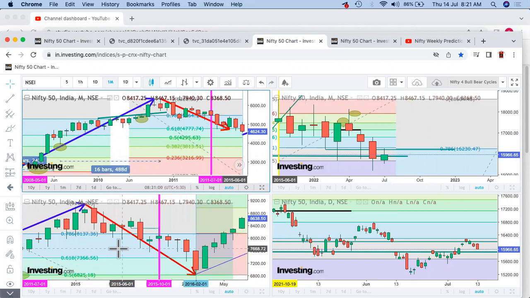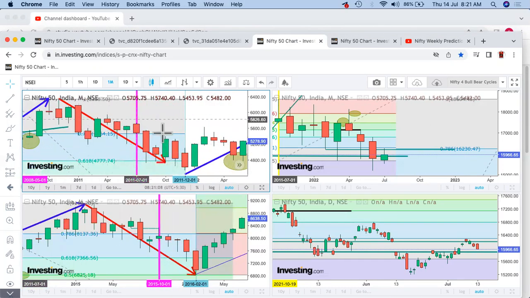So this is the 0.76 level, and this was the final monthly candle which was touching this part. So we'll try to focus on these two charts, go through step by step, day by day trading details, and check on the basis of back testing what exactly has been happening and how, right?